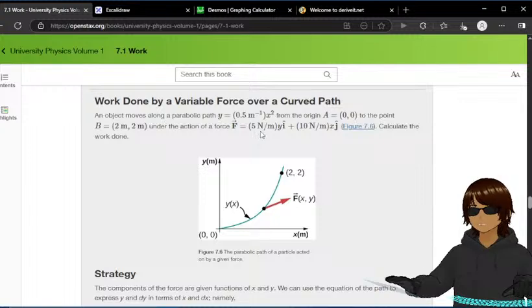Force is constant, right? No, it's not. Plus 10x.